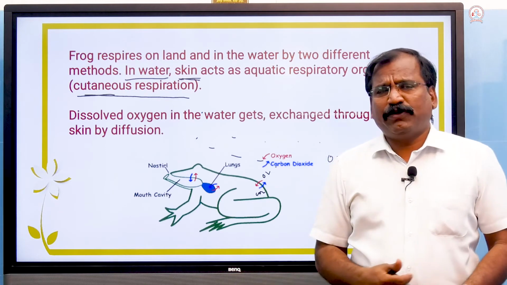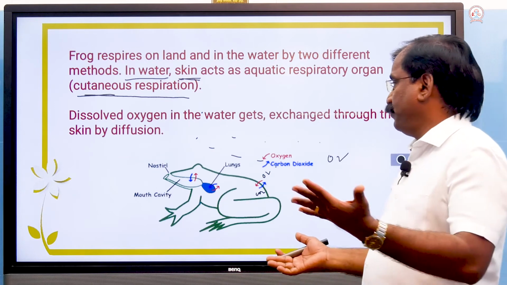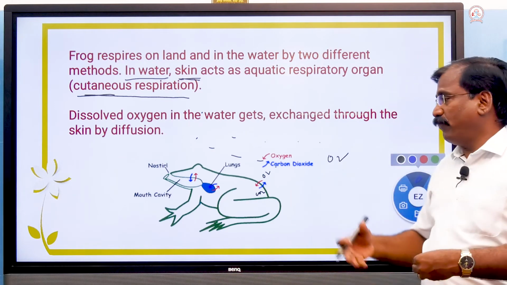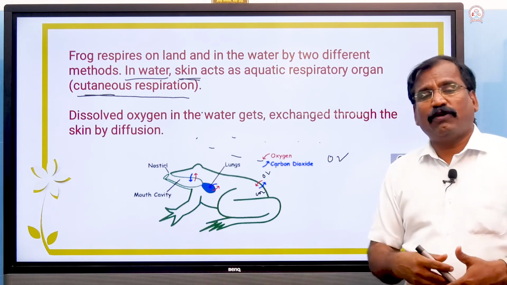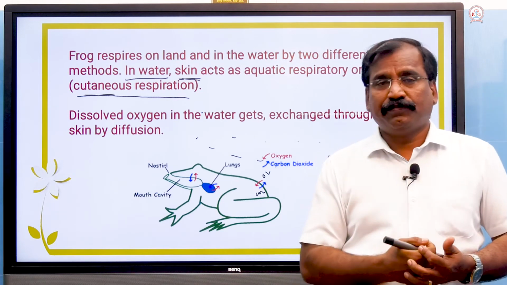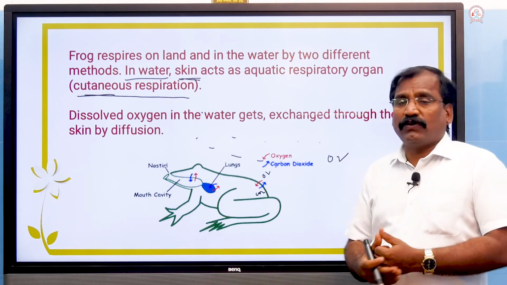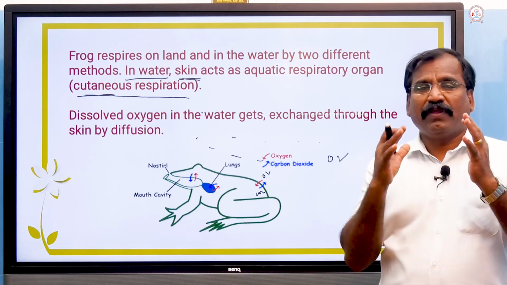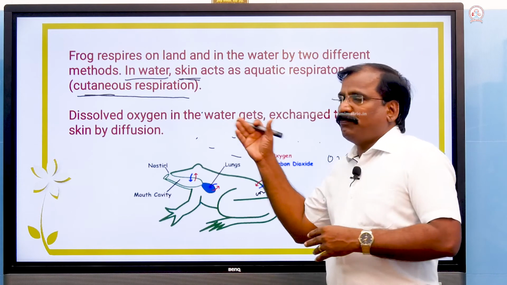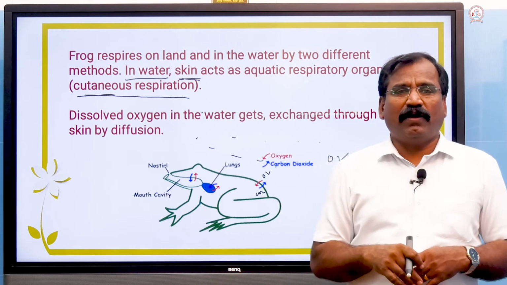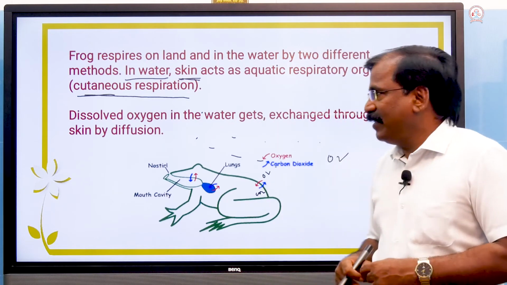Nothing more specific than this. It is a very simple process of diffusion, the dissolved oxygen going inside through the skin. The skin here acts as the respiratory organ. The respiration through the skin is called cutaneous respiration.